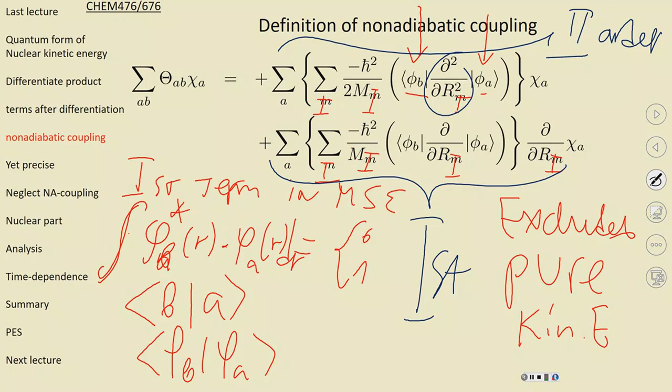It's negative i h bar... no, it's just h bar over 2m. You are speaking about kinetic energy. What if it's just momentum? It's the derivative over r. Yes, that's it. So the difference between the derivative over r and momentum is just this constant.